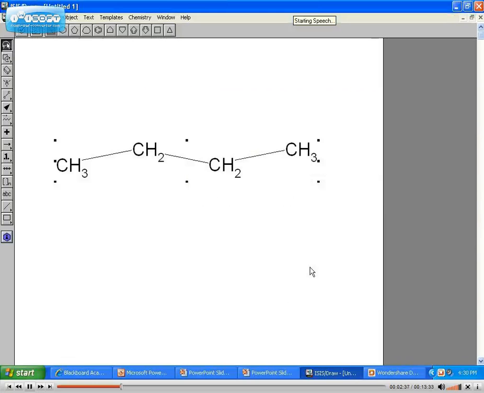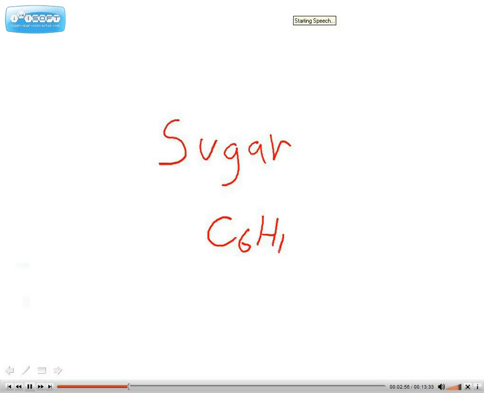So, showing off my example, sugar has the chemical formula C6H12O6. So, sugar is an organic molecule because it contains carbon.